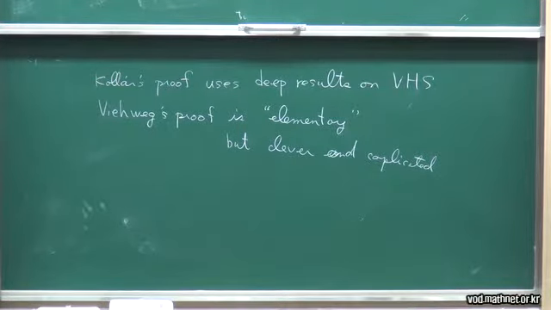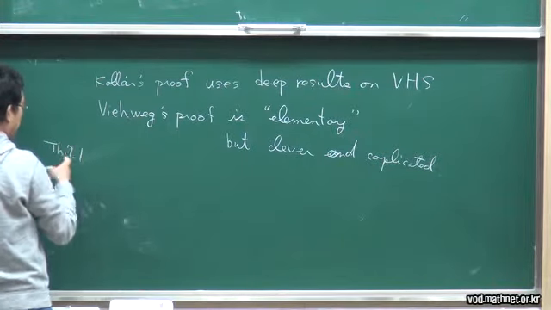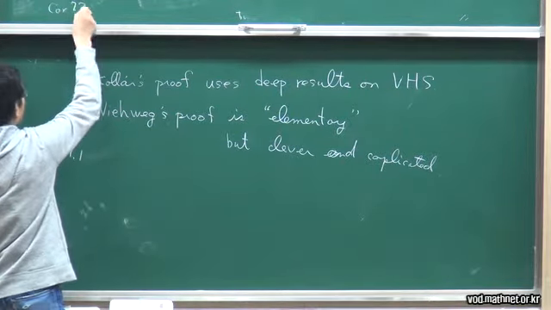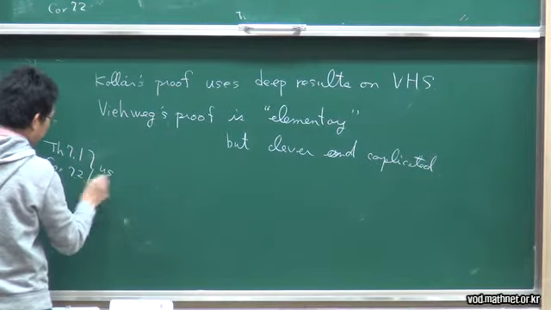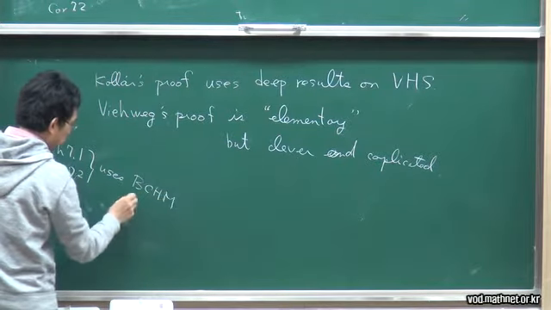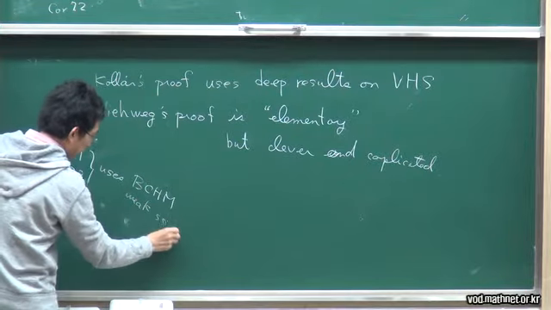But now we can apply this theorem, theorem 7.1 and this corollary 7.2. Corollary 7.2 uses BCHM and the weak semistable reduction theorem, KKMS reduction.